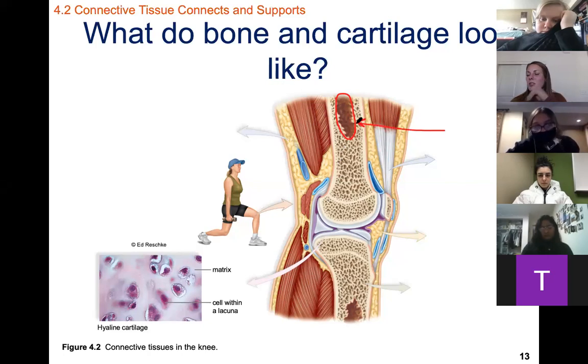Maybe you've watched some sports games before, and I hate to say it, but you hear that dreaded crack of somebody breaking their ankle or breaking their leg. That would be the compact bone. Your spongy bone down here essentially looks like a sponge. It helps absorb the impact, all right? And then also we have that cartilage down here as well.